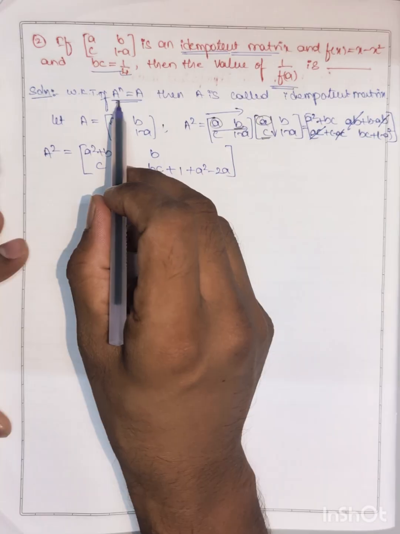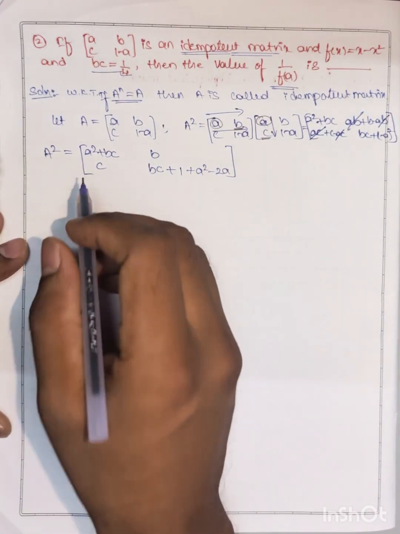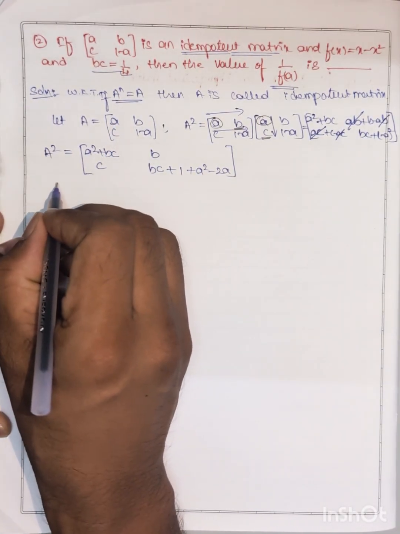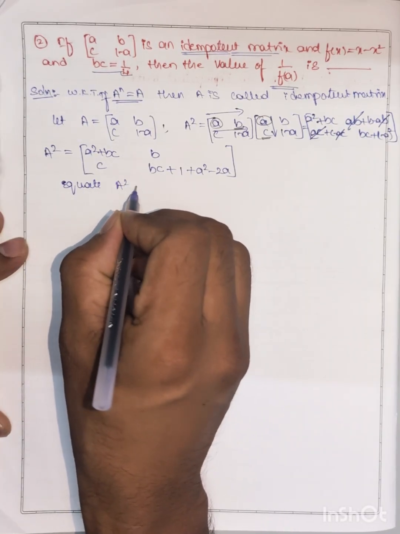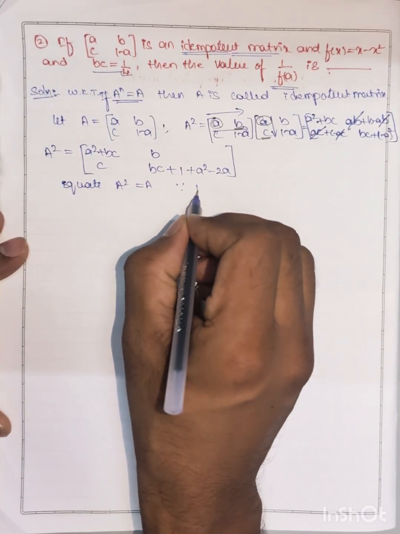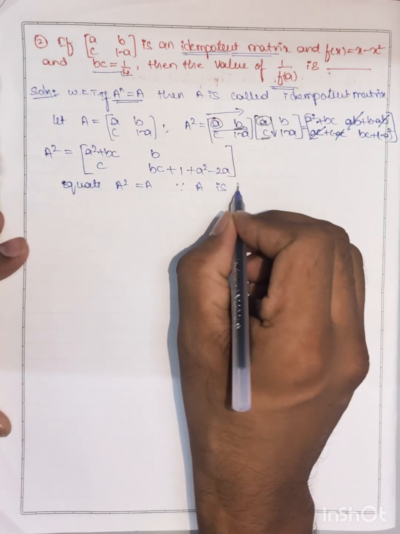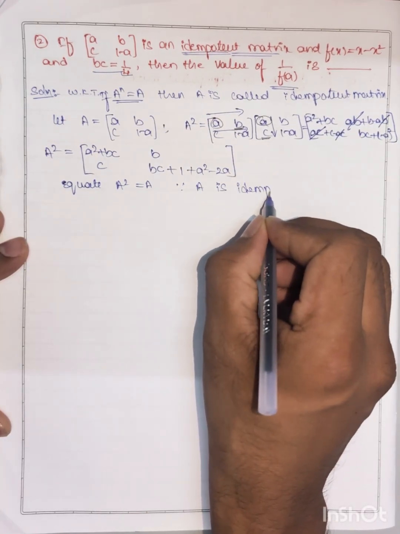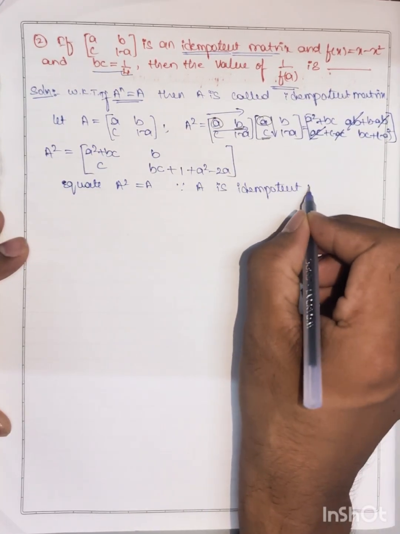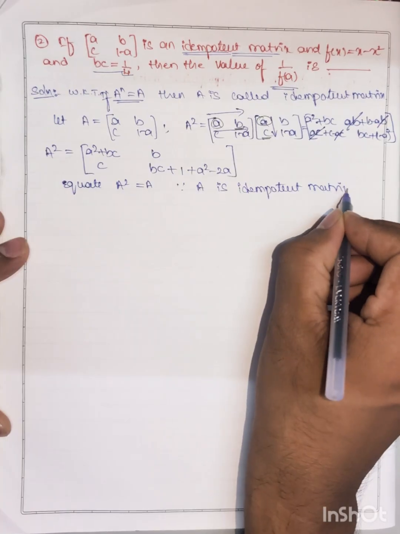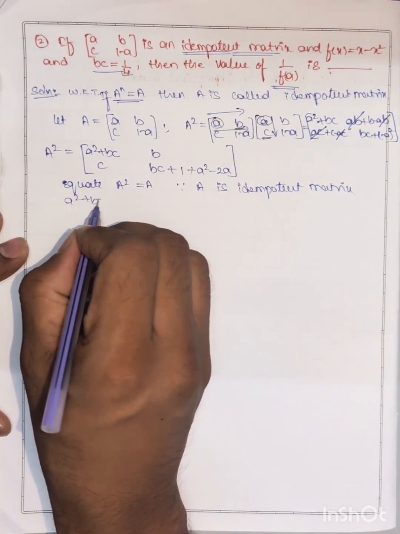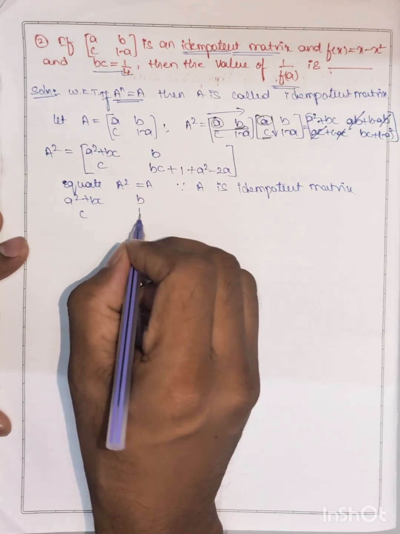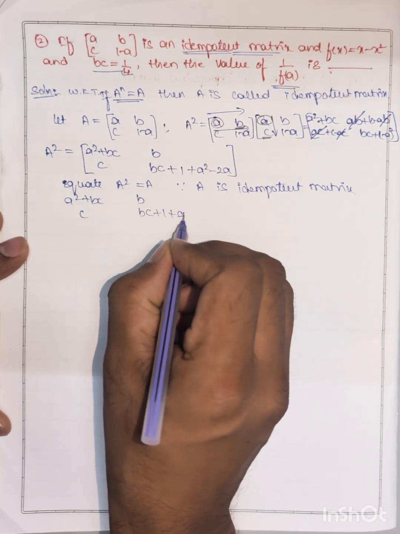We have written the condition that A to the power n is equal to A only. So now I will equate A squared with A, because A is an idempotent matrix. With the help of this condition, I am equating A squared and A. The elements of matrix A squared are a squared plus bc, b, c, and bc plus 1 plus a squared minus 2a.